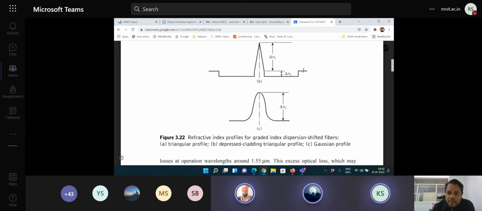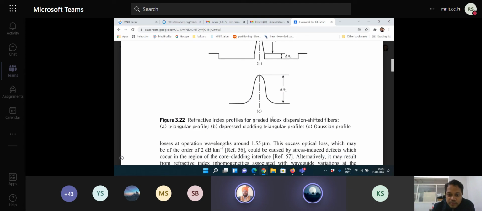so the cladding has two parts. One part has this lower refractive index, and the other part has a slightly higher refractive index. And one can also have a Gaussian profile of the core refractive index.